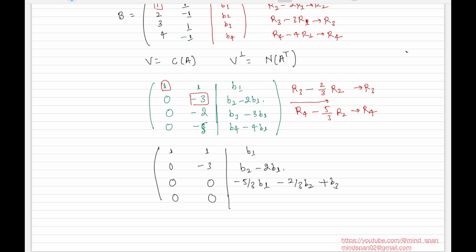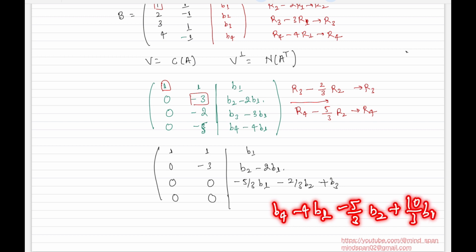Again here we will have 0 0 and here what will it be, b4 minus 4 b1, so minus 5 by 3 b2 plus 10 by 3 b1.